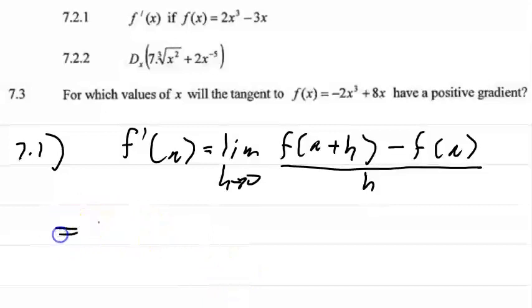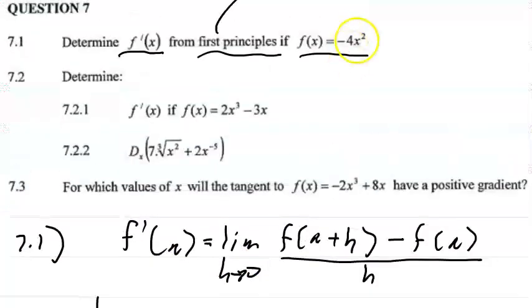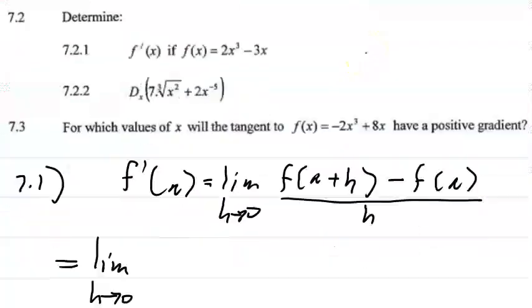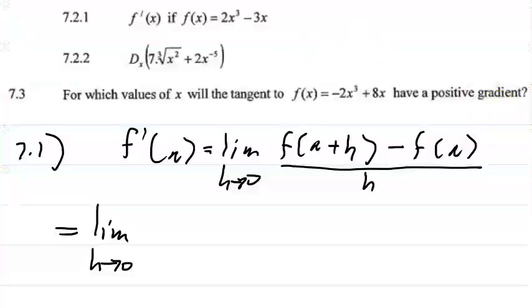So let's go a little bit to this side, and we're going to write down limit as h approaches 0. F of x plus h is wherever we got x, we're just going to substitute x plus h into our given equation, which is f of x equals minus 4x squared. So let's write that down.